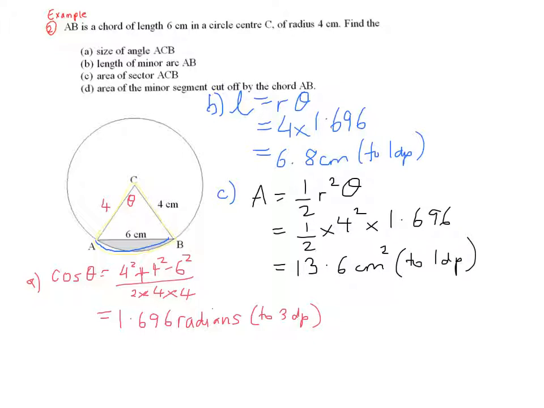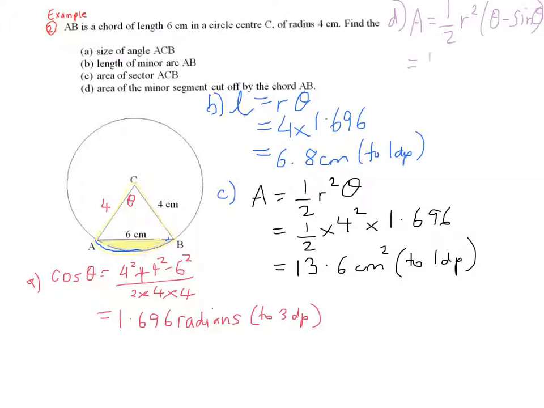And then the last part of this question asks us to find the area of the minor segment. I'll colour it in yellow again, sticking to our theme of colouring in the segments yellow. So the area of the minor segment cut off by the chord AB is going to be the area of that sector minus the area of the triangle.